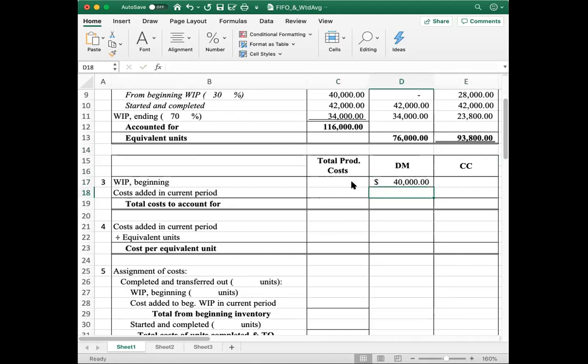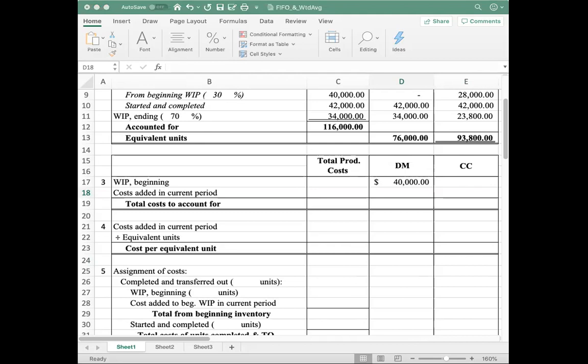Then you added more cost during the period. How much cost did you add during the period? Is it given? Yes, direct material cost incurred during the period was 90,000.